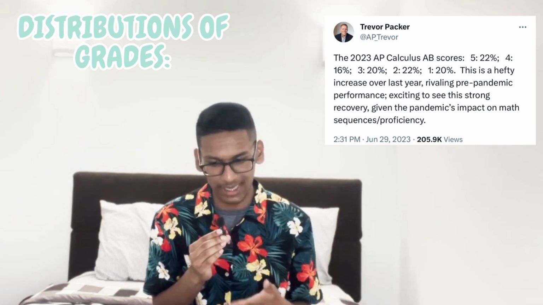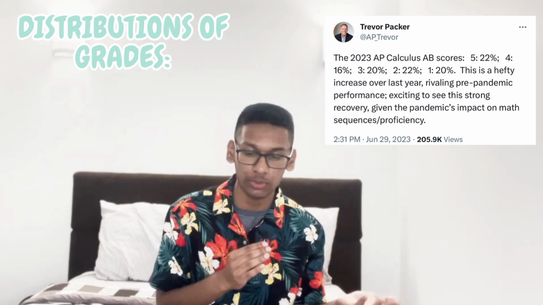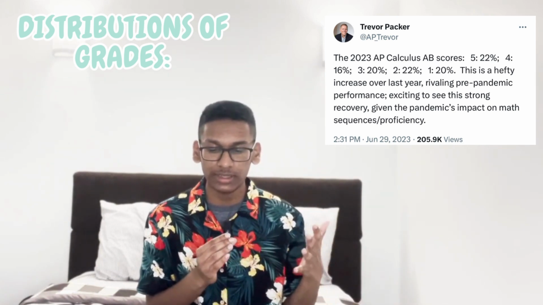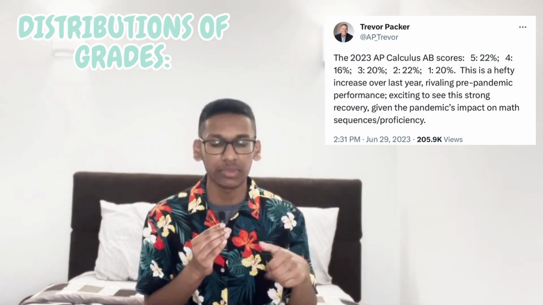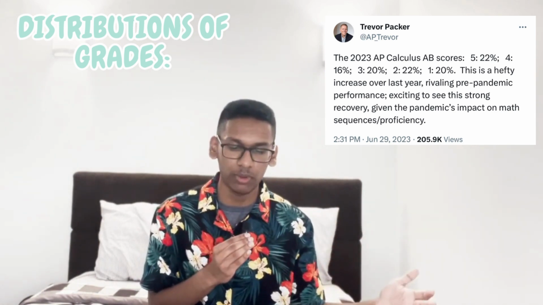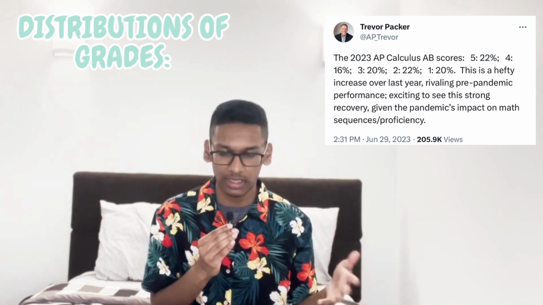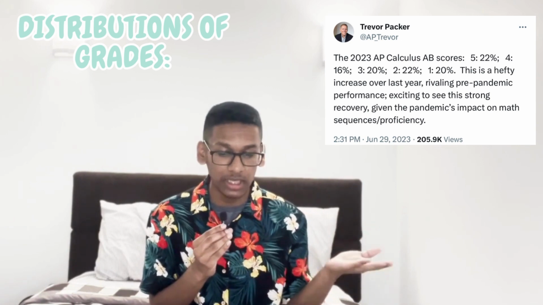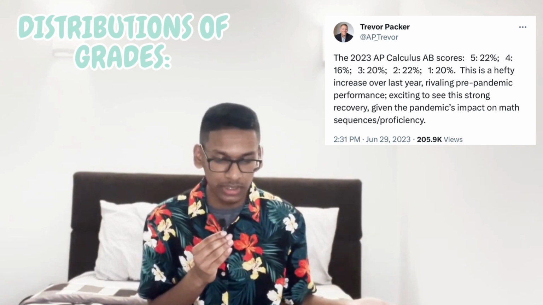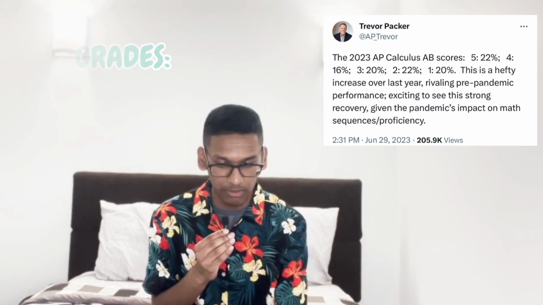A 4 is 16%, 3 is 20%, 2 is 22%, and 1 is 20%. As you can see, there are more people passing than failing, so that's a good sign. But there's still a hefty amount of people, about 42%, who are still failing, and that's not great. He's saying that is a hefty increase over the last year, especially rivaling the pre-pandemic performance.